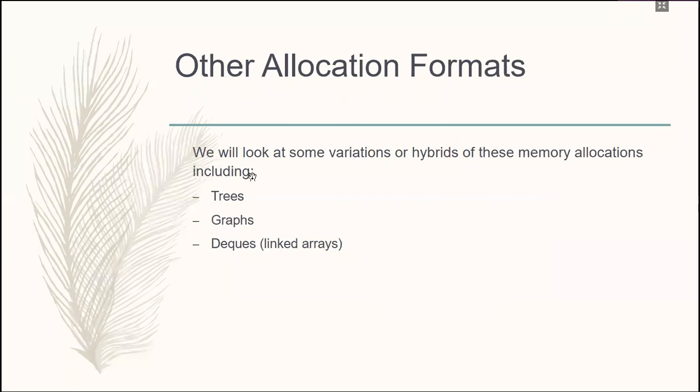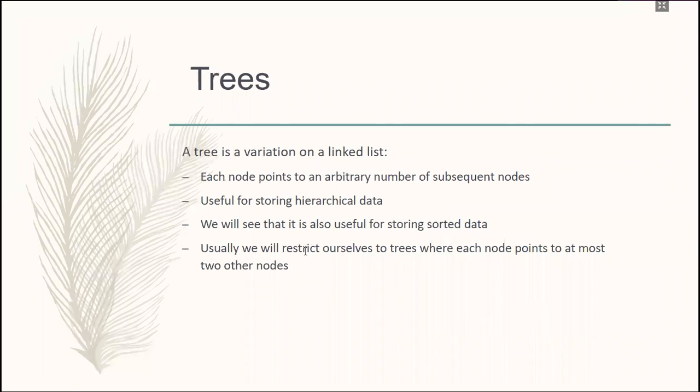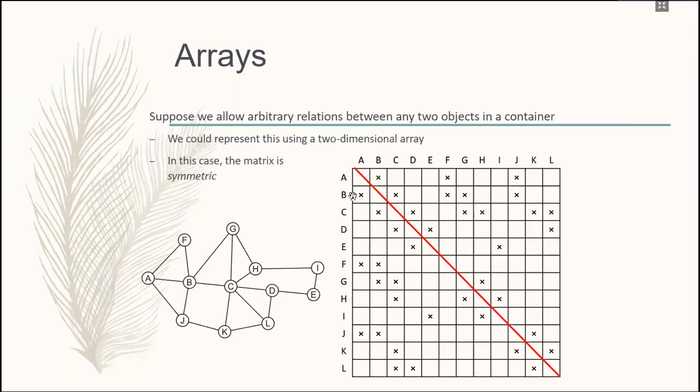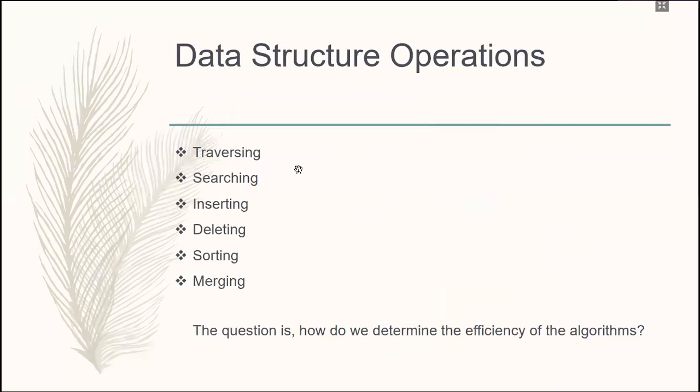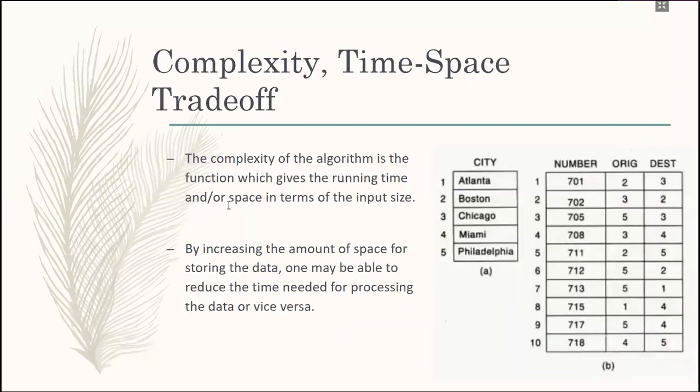Then we talked about some other formats like trees, graphs, and deques. We have seen that we can sometimes use a hybrid method to represent some data. Then we talked about the six operations of data structures. And finally, we talked about the ways we can find the efficiency of an algorithm.